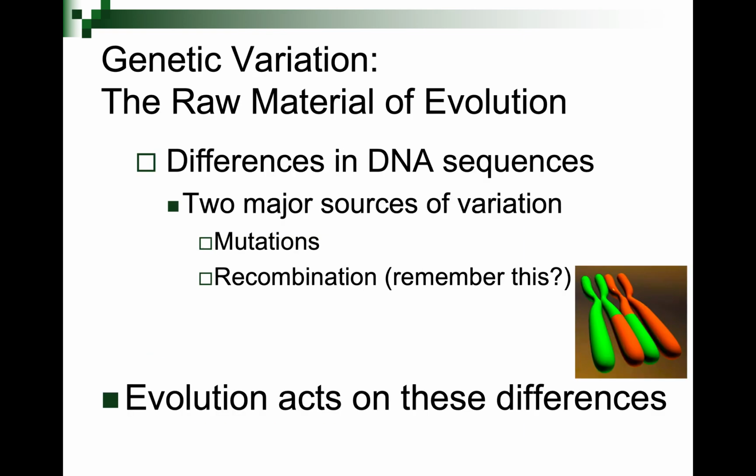Okay, so let's jump into genetic variation. We all know that genetic variation is really the raw material for evolution. There are differences in DNA sequences. You get 2 major sources of variation in DNA sequence: mutation, which we've talked about, and recombination. Remember this from meiosis? And then evolution is going to act on these differences.